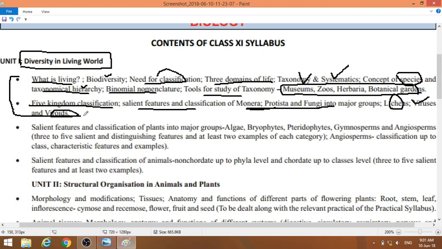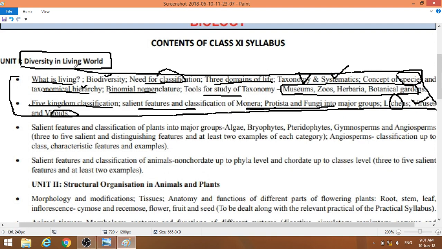This whole portion is a general portion. It's not specific to zoology or botany, but this portion belongs to botany and this portion belongs to zoology. So this is the botany portion, this is animal life.